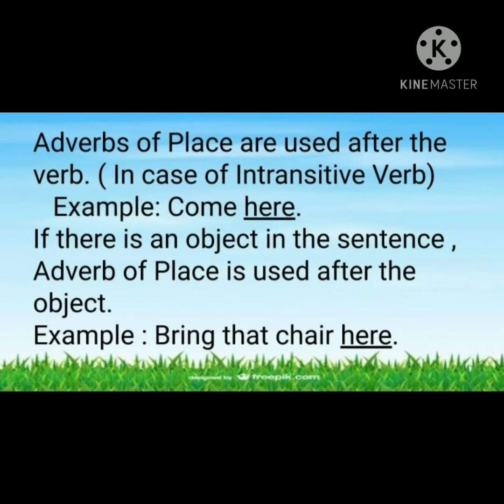In the sentence, here is the adverb of place which is used after the verb only. But if in the sentence there is an object, then adverb of place is used after that object. For example, bring that chair here. In this sentence, here is the adverb of place which is used after the object.